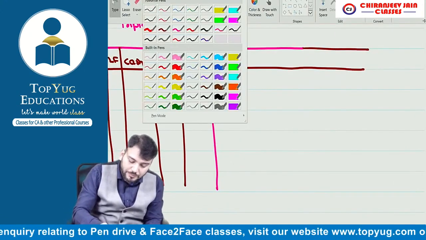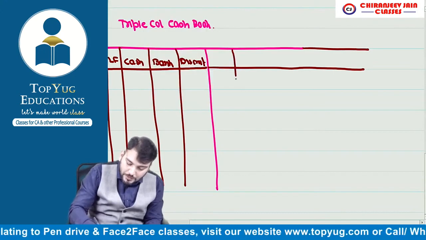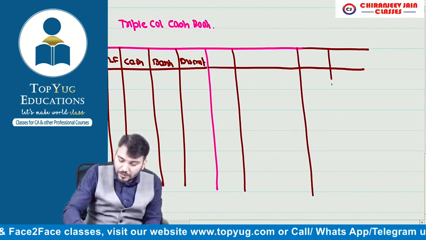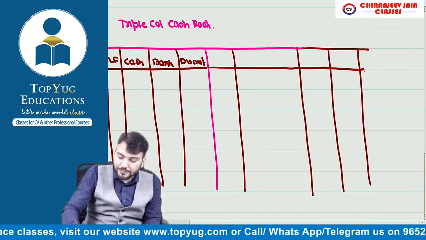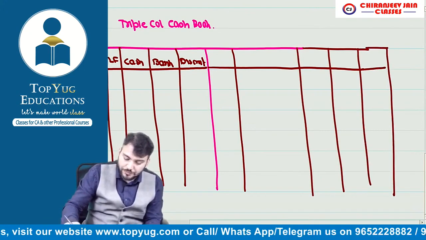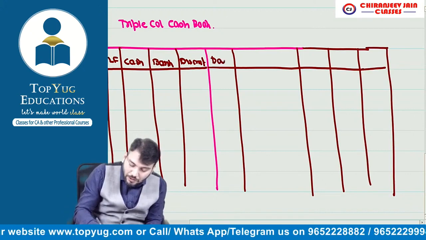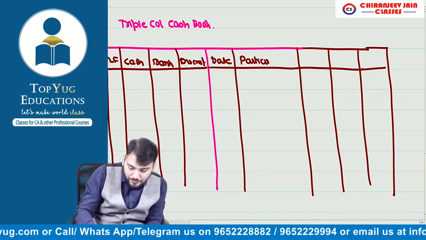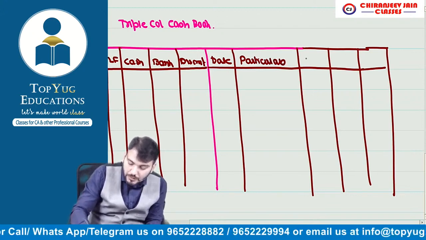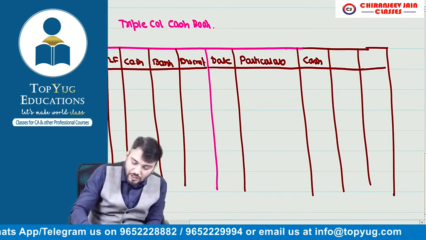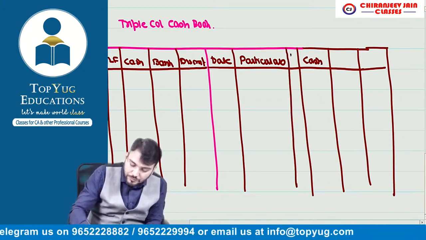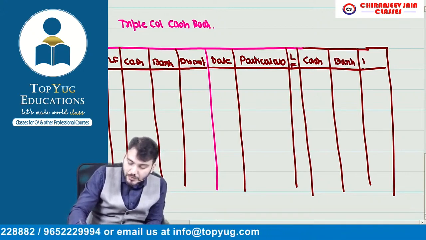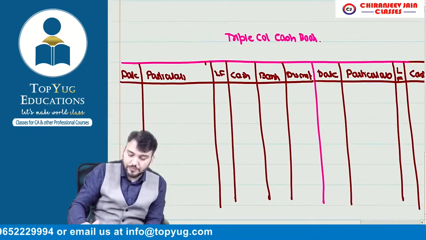What are the columns? Same. Date, particulars, ledger folio, cash, bank, and discount.